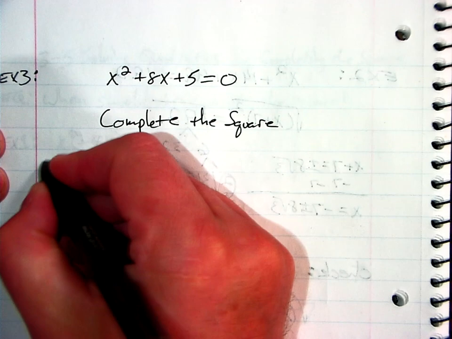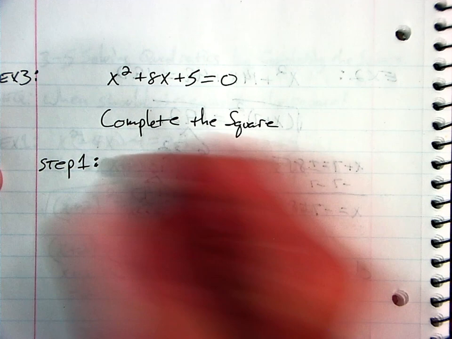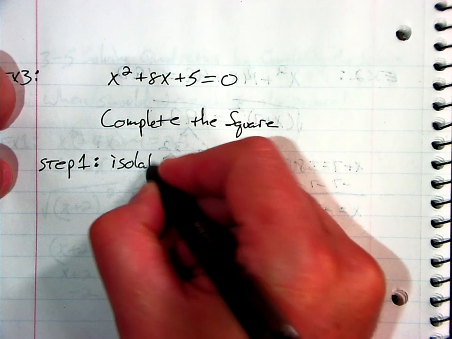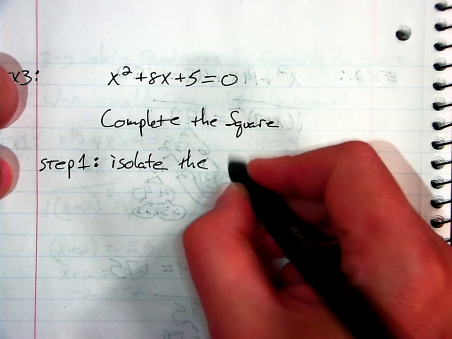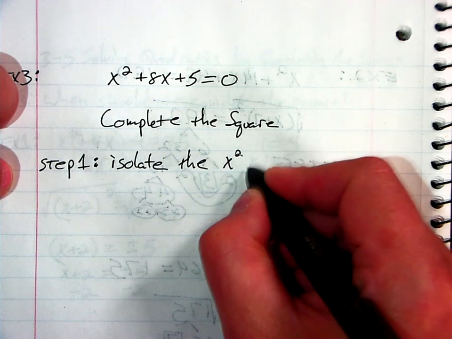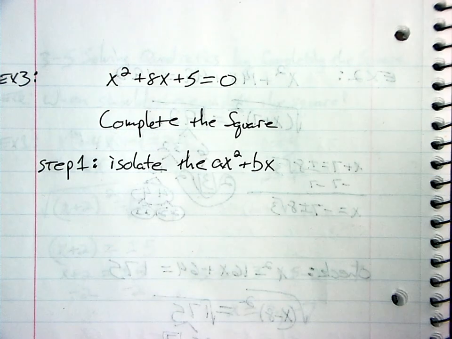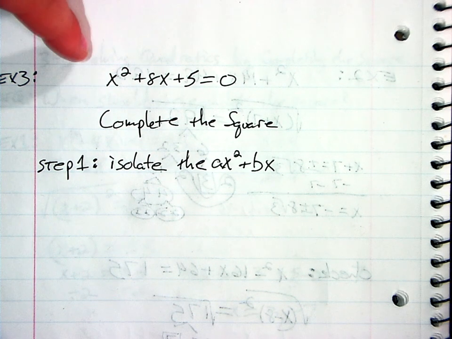So, step 1. Isolate. What does isolate mean? Get by itself. Good job. The x squared plus bx. And remember, it's really ax squared plus bx. So what would be my ax squared and bx?